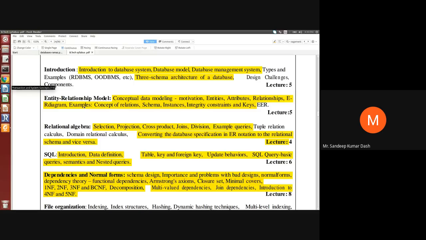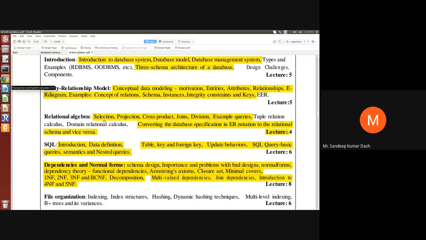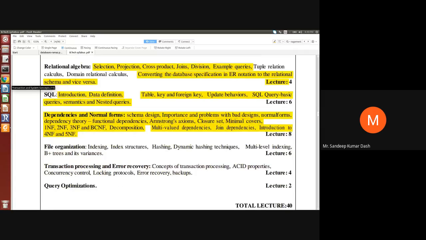Yes, sir. Majority is this portion. We are here now. Concept of transaction, transaction properties, ACID properties. These things we covered today. Concurrency control, locking, error recovery, backups. These things are left. These are pure theories, indexing, etc.